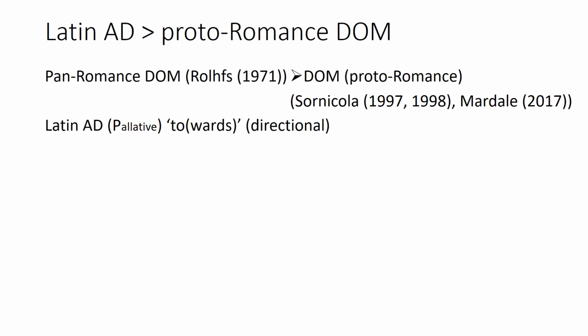And of course, Latin ad, as an allative, so a preposition denoting direction, is attested with verbs that take different types of arguments. I mean, the use of a for marking Romance dative indirect objects is widely analyzed, as we shall see.